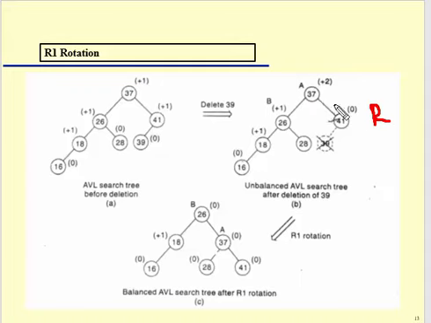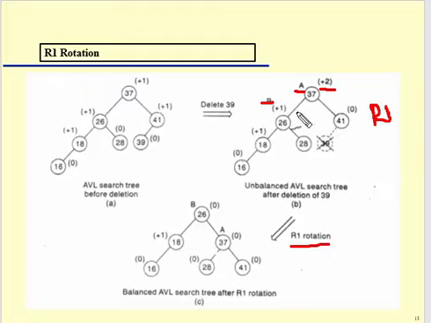Which node is out of balance? This is out of balance? No, this is out of balance node. Mark this as A. Now go to the left child of that. Mark that as B. What is the balancing factor of B? +1. So this is called R1 rotation. That's why it is written R1 rotation. Again, actually the thing is same whether this is R0, R1 or R minus 1.